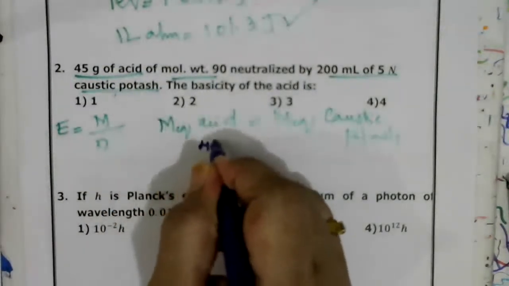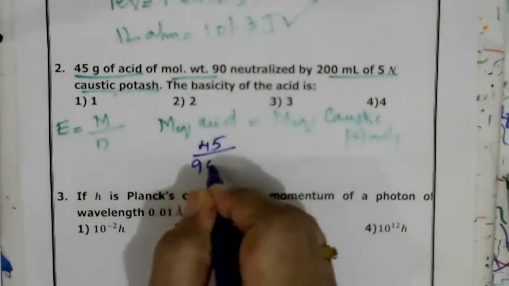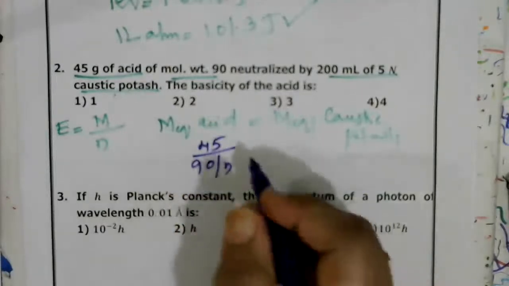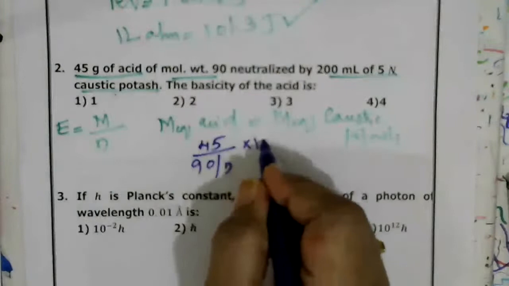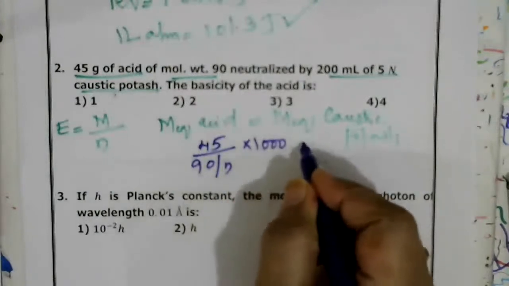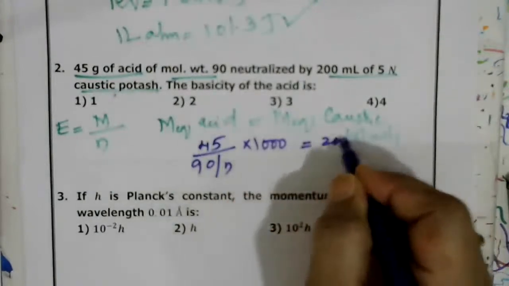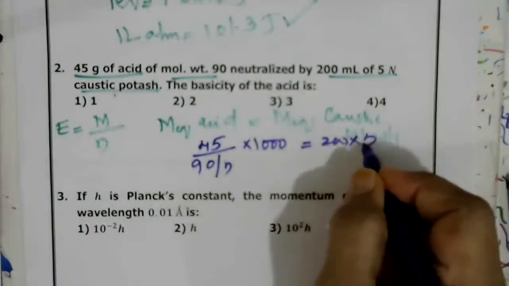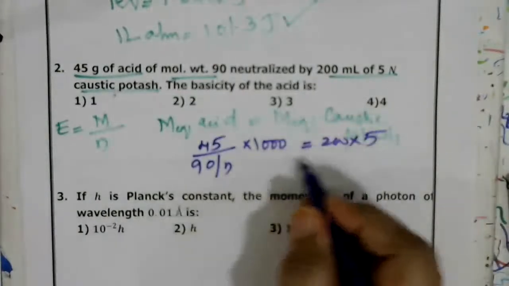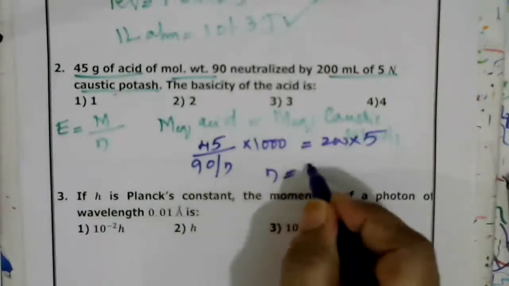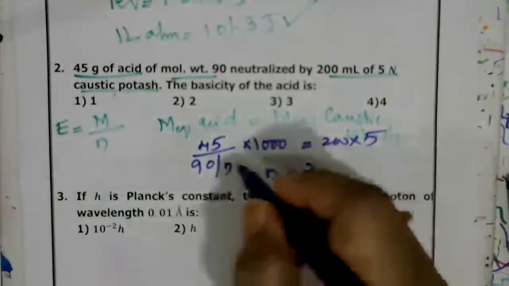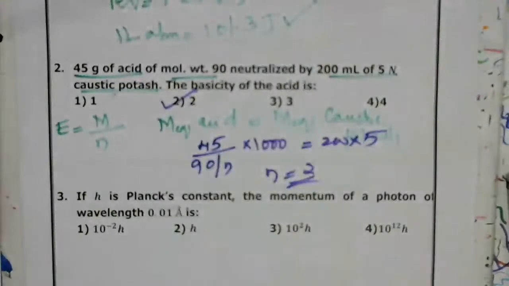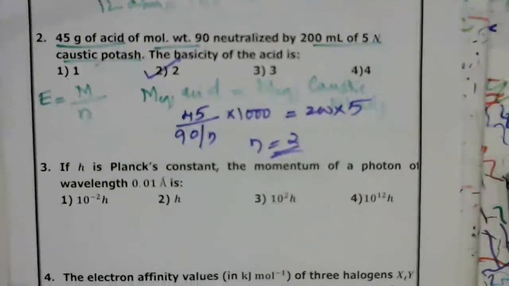Therefore 45 divided by 90, whole divided by n, because number of moles we take with respect to basicity, that is 1000, 1 liter of the solution, is equal to 200 into 5 normal, already given to us. Simplify it, we will get n as 2. Therefore, it is a dibasic acid. Answer is second option.